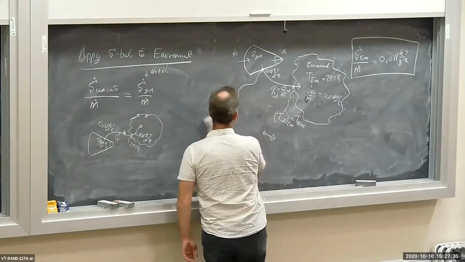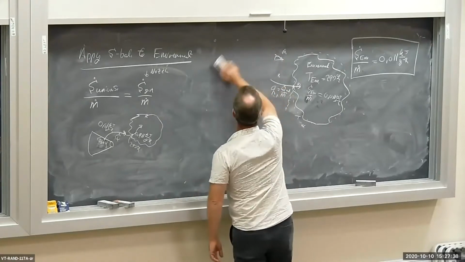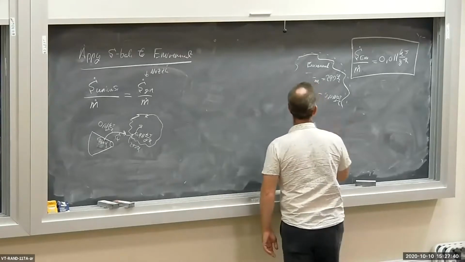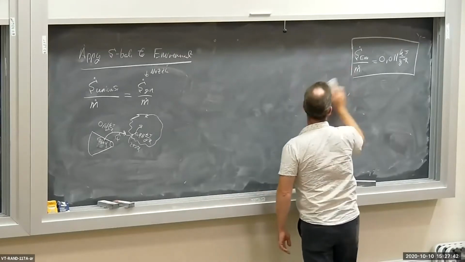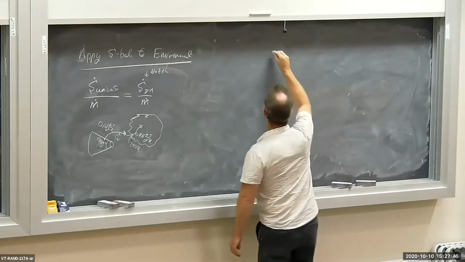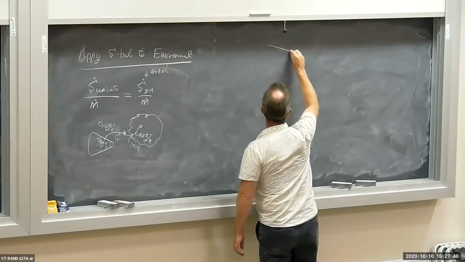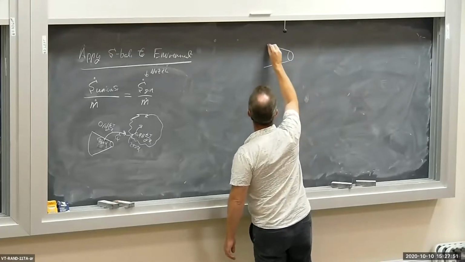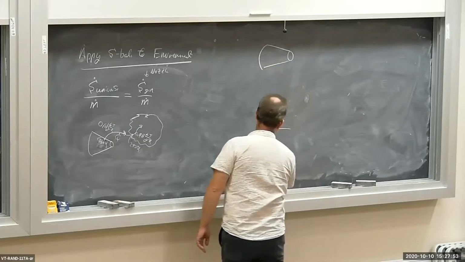So let's calculate that S-gen in the region between the environment and the nozzle. Here we have my nozzle. Here we have the environment.